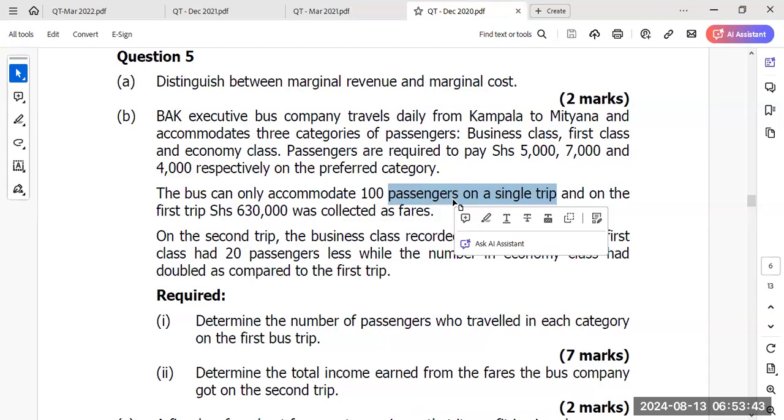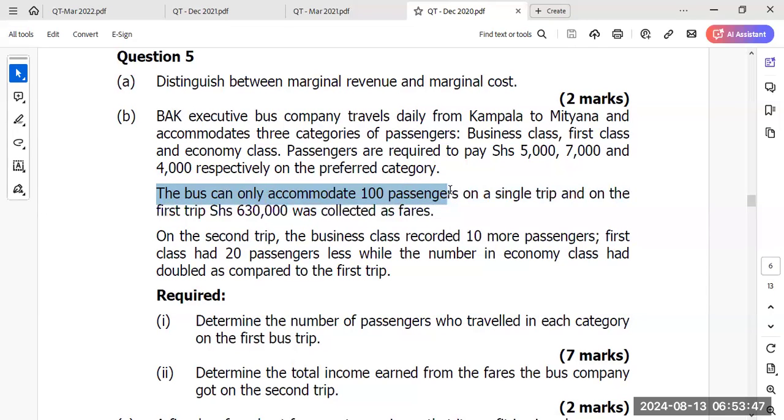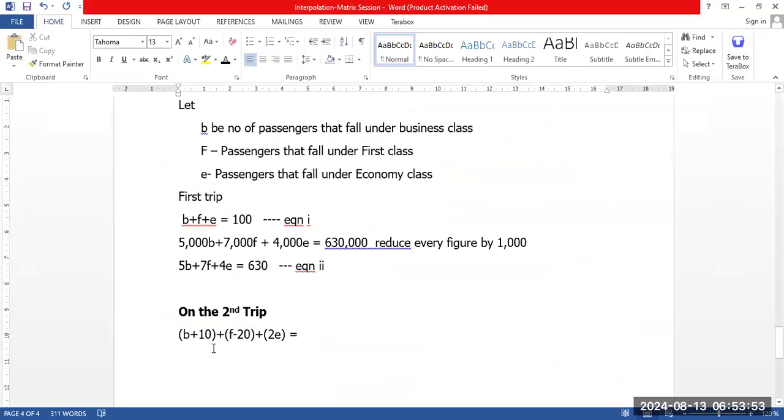Whether it is a first trip, whether it is a second trip, just know the bus can only accommodate 100 passengers. So however much passengers are increasing, reducing, doubling, we all know that the bus can only accommodate 100 passengers.